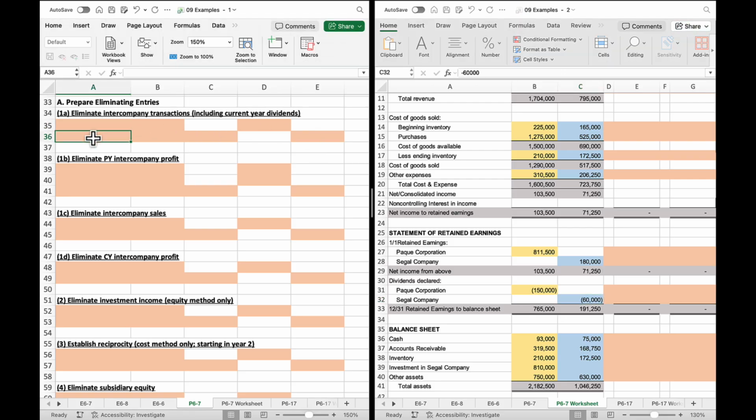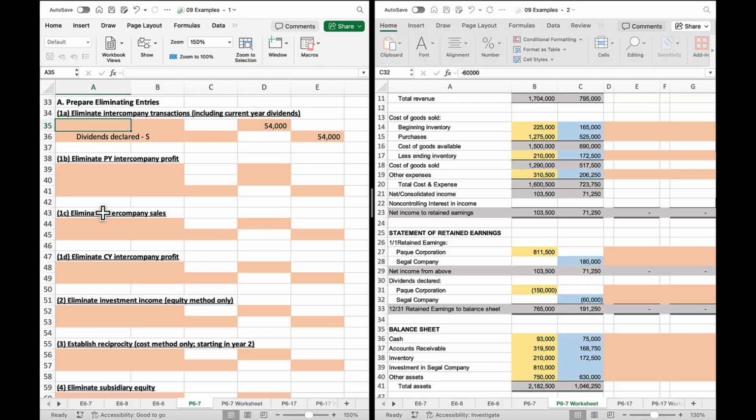So when we're eliminating intercompany transactions, our credit is always to dividends declared by our subsidiary. The amount is going to be that 60,000 times our parent ownership percentage, which is 0.9 or 90%. And then the question becomes what our debit account should be.